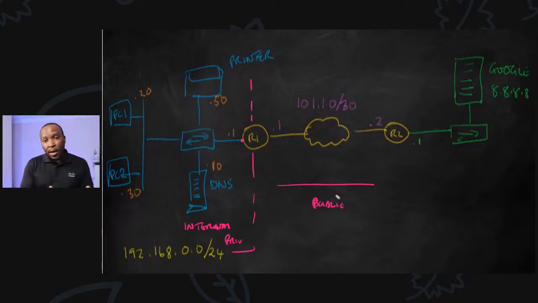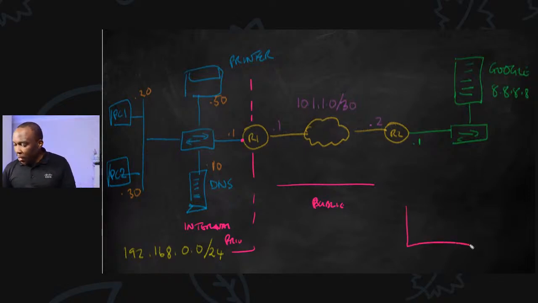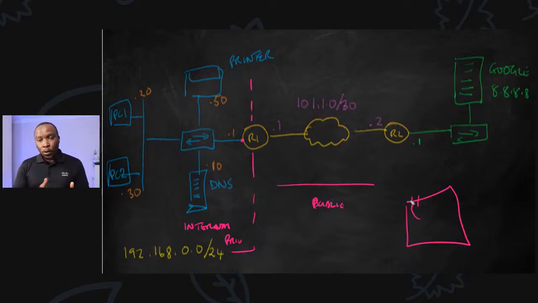So you need to have a gate that takes you out. If this was my yard, I need a gate that takes me out of my house to the outside of my yard so that I can then go into the street and drive my car.